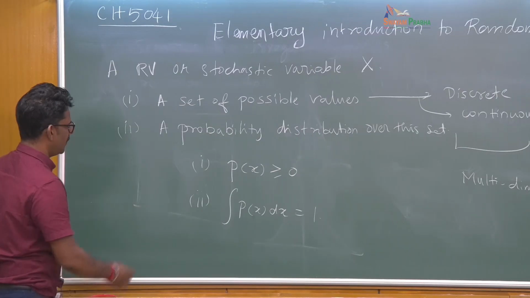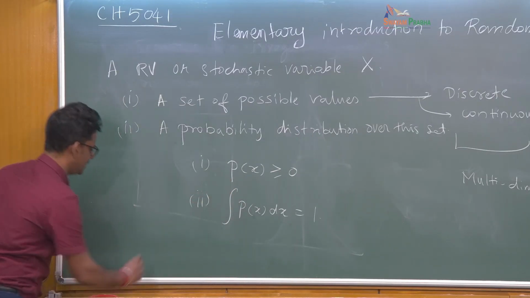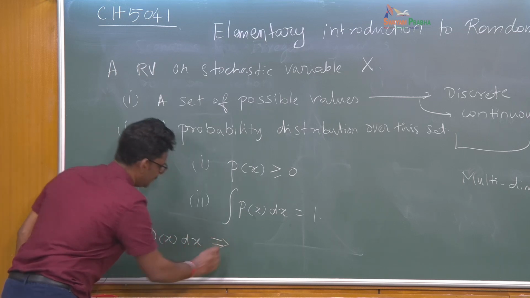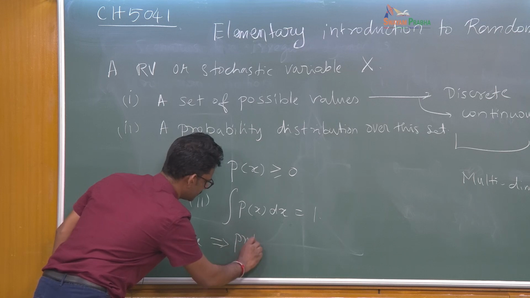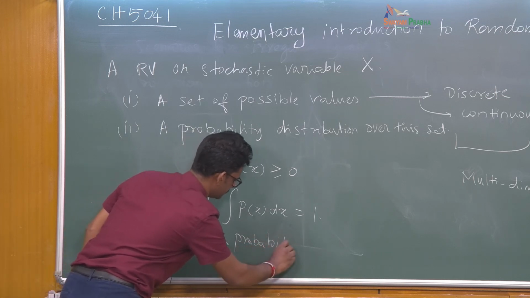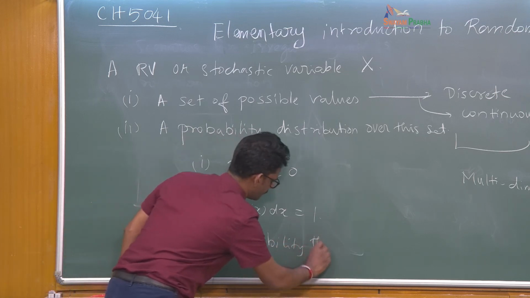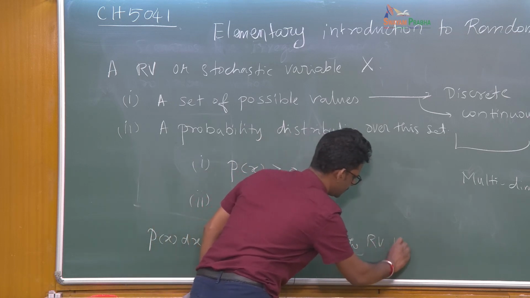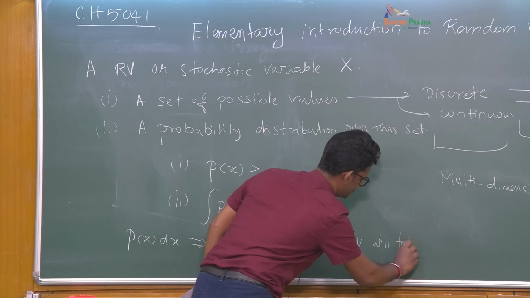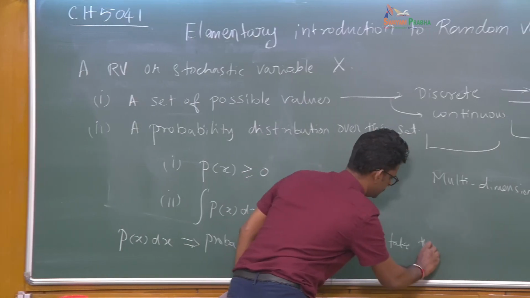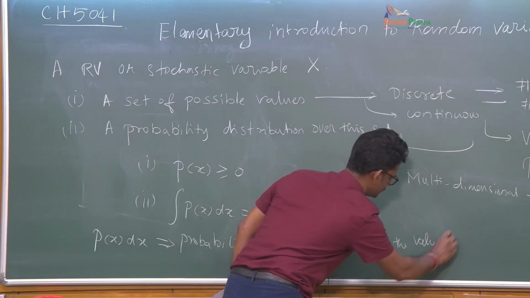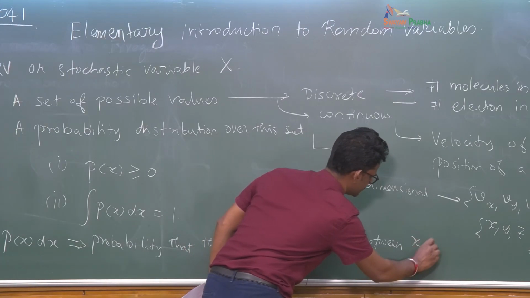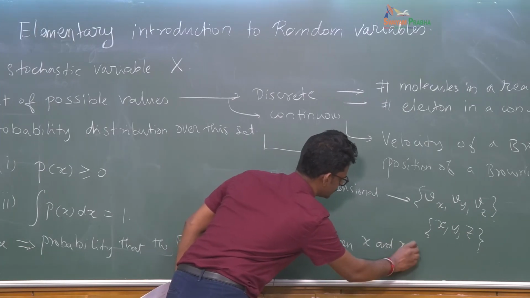And the way we interpret this is that the function p of x dx will give you the probability that the random variable will take the value between x and x plus dx.